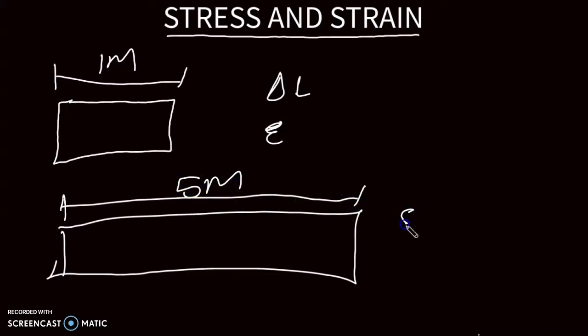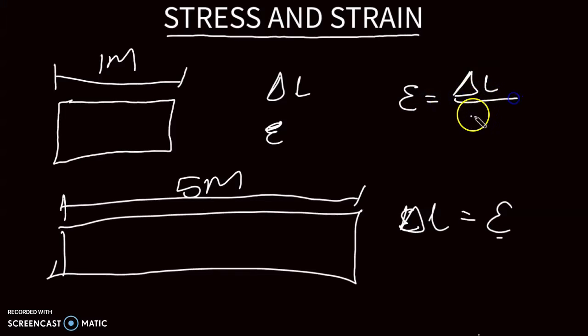From here, the change in length is not equal to the strain. But we can get the strain using the change in length by using the formula to calculate strain, which is change in length divided by the length. Here we are looking for the change in length per unit length. Here we are having the total change in length caused by the 5 meter length.